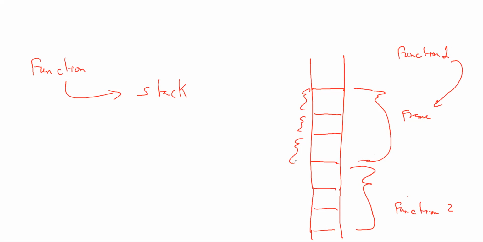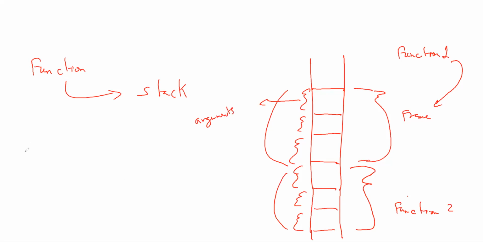So again, it would have 3 roughly subdivisions, okay? And that's for every function, function 1 or function 2. So in these divisions, what you have is a place where you can store your arguments.